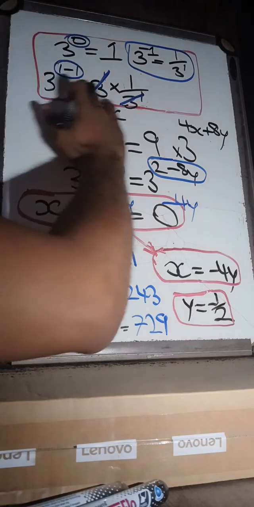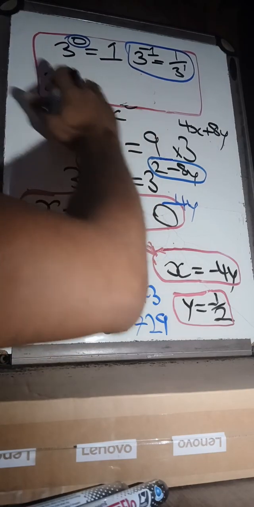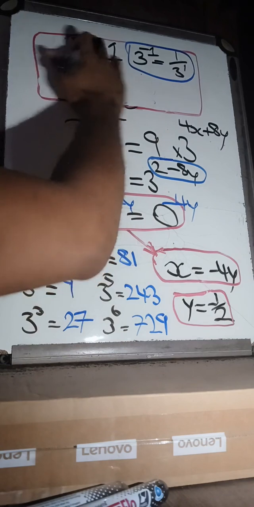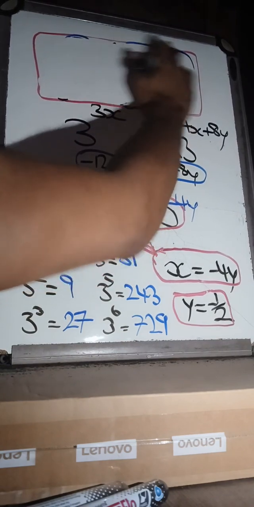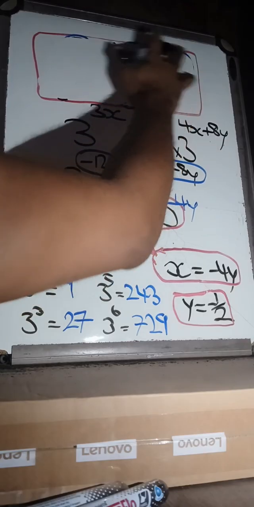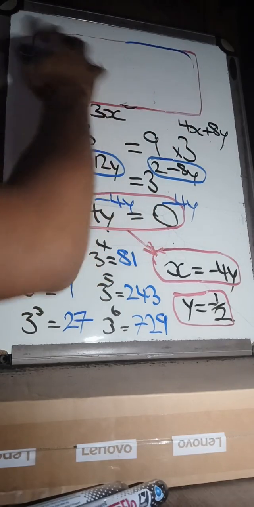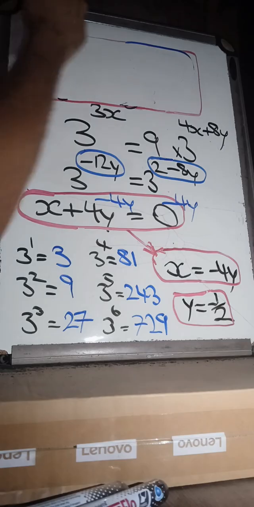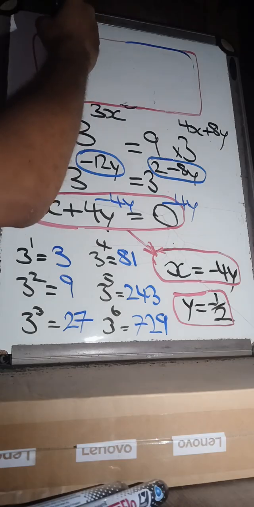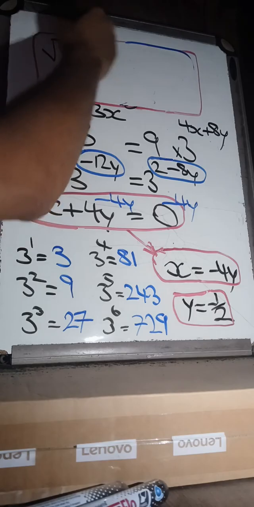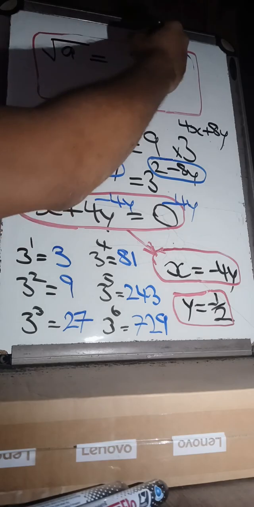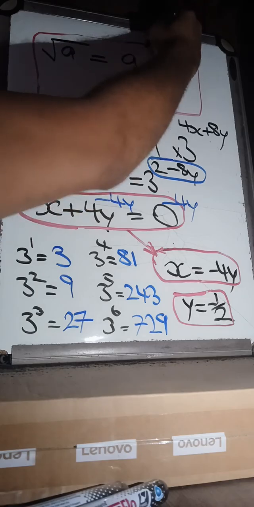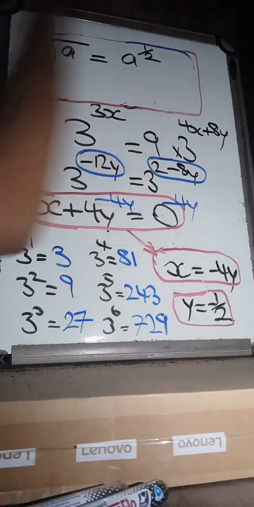Another one. It's the ones related to what we do in changing the subject of the formula. So to put a long story short, the square root of A is the same as A raised to 1 over 2.